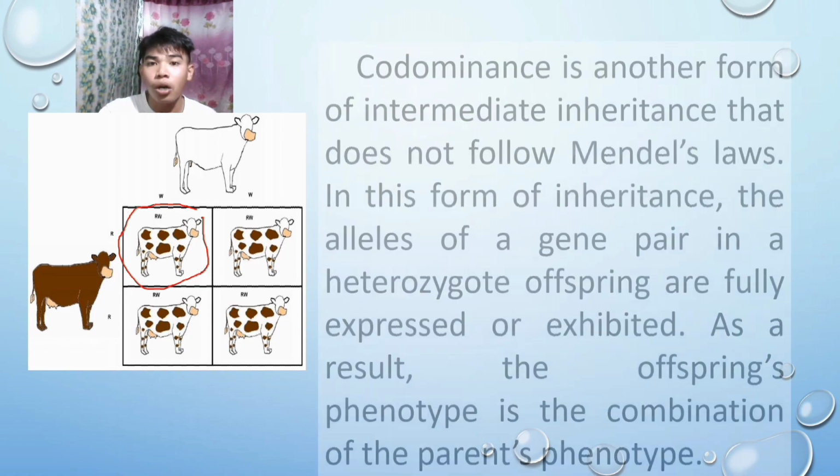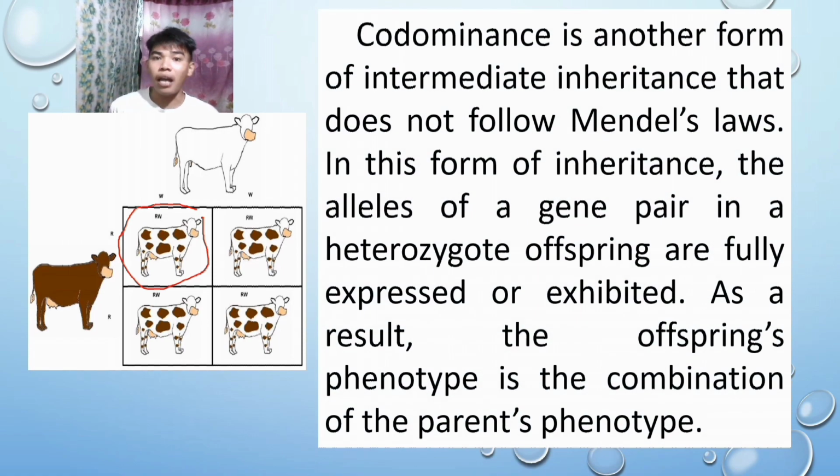Codominance is another form of intermediate inheritance that does not follow Mendel's laws. In this form of inheritance, the alleles of a gene pair in a heterozygote offspring are fully expressed or exhibited. As a result, the offspring's phenotype is the combination of the parents' phenotypes.